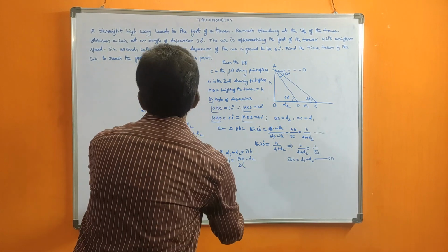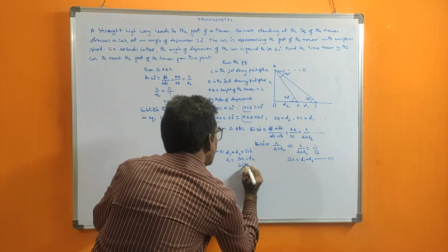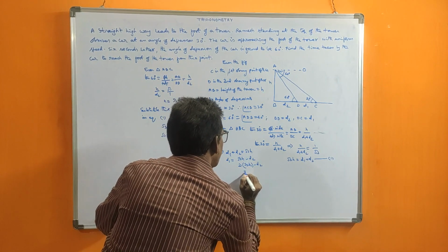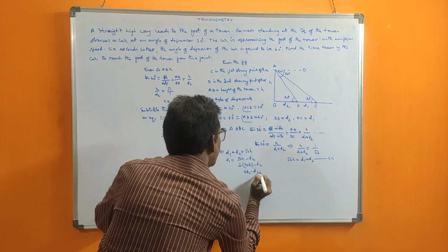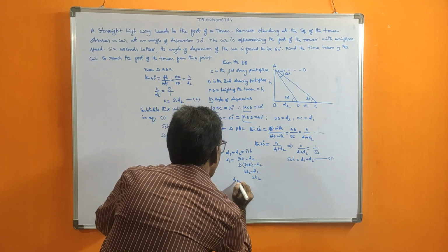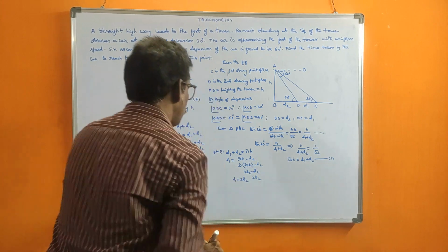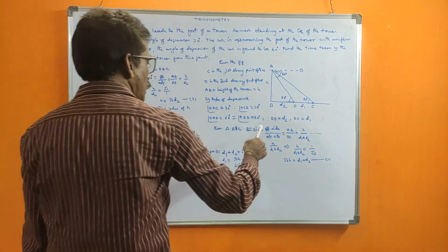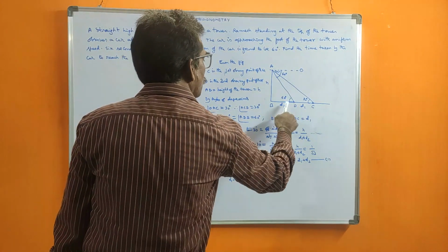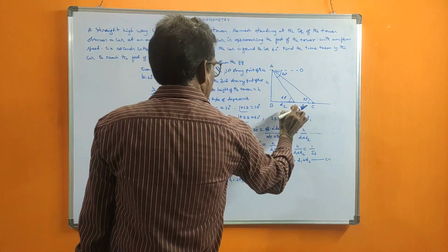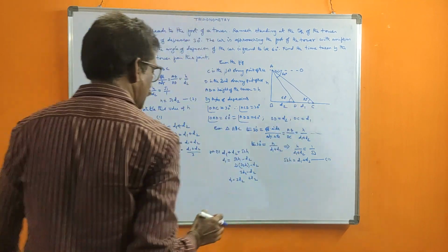Root 3 into H, we know, is root 3 into root 3 D2, which is 3 D2, minus D2, that is 2 D2. So D1 is equal to 2 D2. That means this distance is half of this distance.